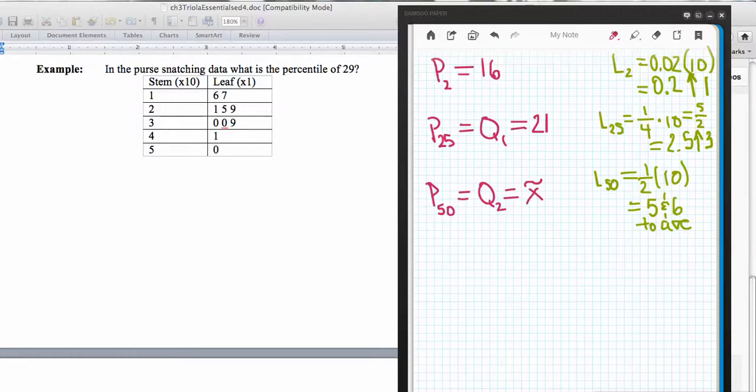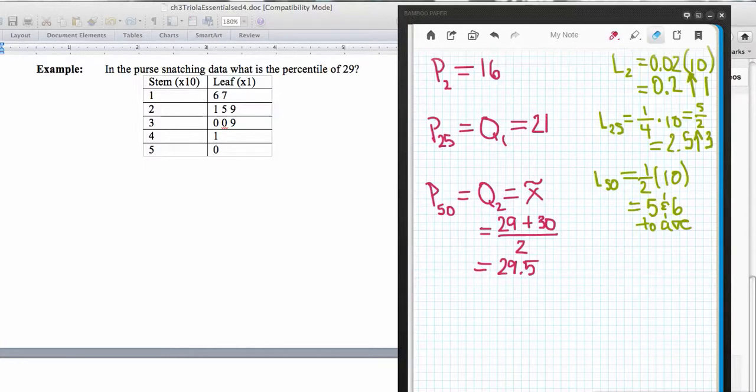So 1, 2, 3, 4, 5, and there's 6. So 5 is 29 plus 6, which is 30, and 29 plus 30 gets averaged, so that will give me 29 and a half. I don't round it off or anything, I just leave it just like that. It's fine, and that'll be my 50th percentile.